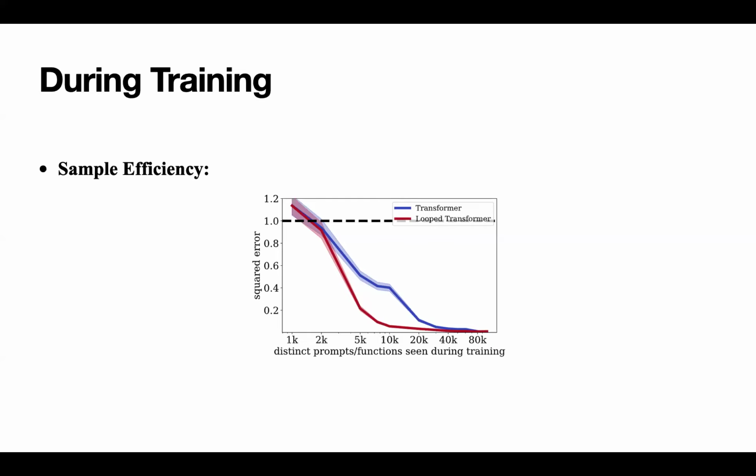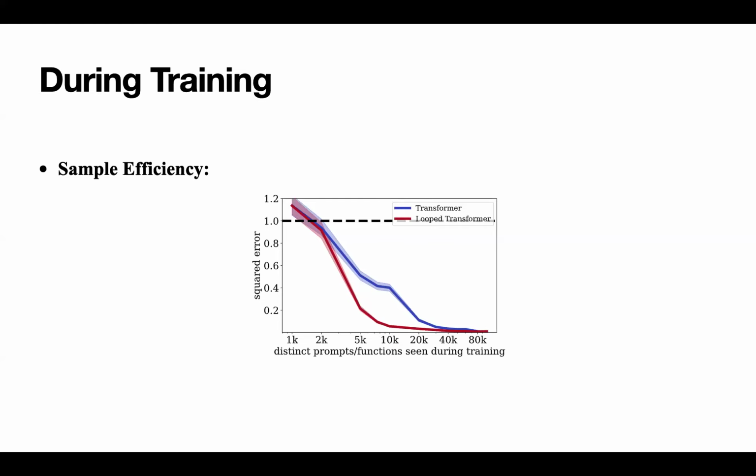So we vary the number of distinct prompts during the training. Basically we generate a fixed data set with this number of distinct prompts and then just train on the data sets. We can see that the loop transformer, the red curve, when you have fewer distinct prompts, has better performance compared to the standard vanilla transformer.